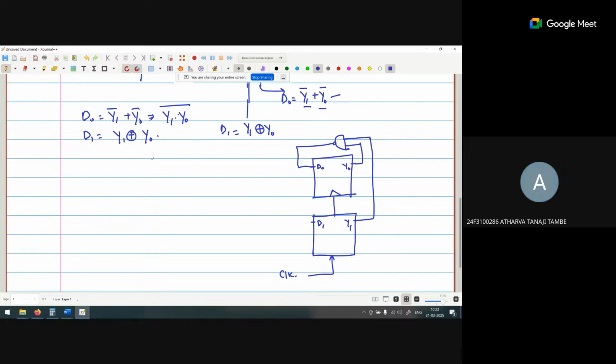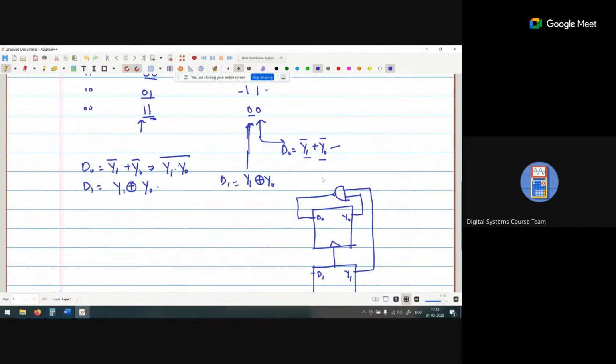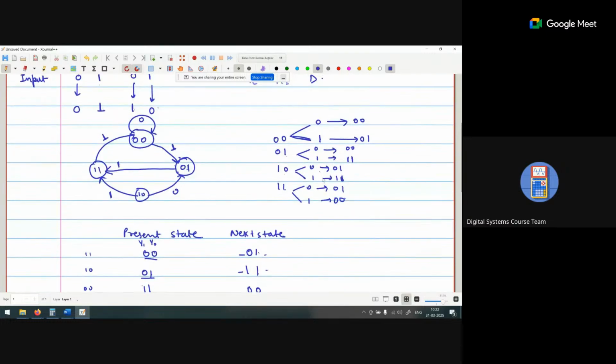Similarly, we are drawing on the basis of the state diagram. I am taking this table randomly, but you can see that when I draw this table, there are two directions, like from 0 0 to 0 1 and 0 1 to 0 0.